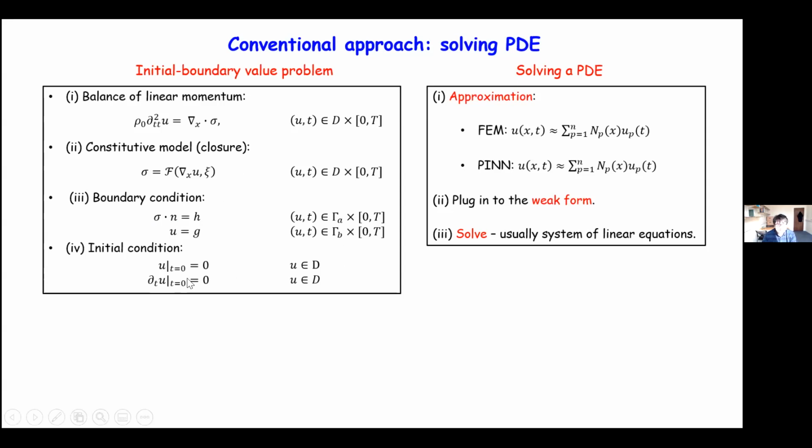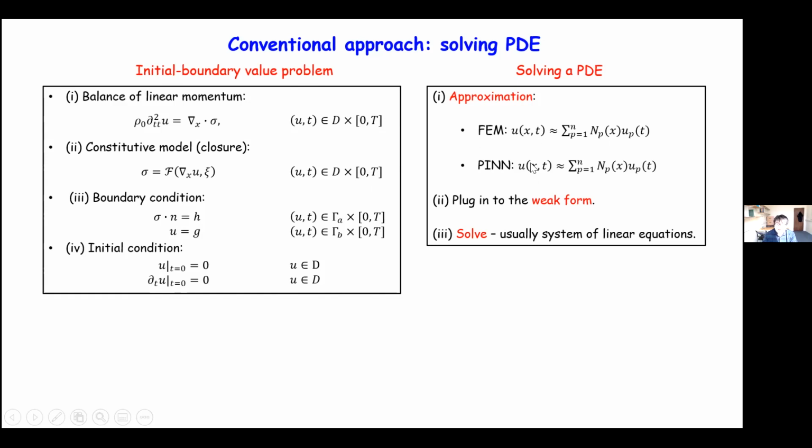I'm not going to describe the details, but this is basically a classical continuum mechanics governing equation. To solve this problem, we use an approximation. We discretize the solution and approximate it using polynomials. If I approximate the solution u using polynomials, this is the finite element method.